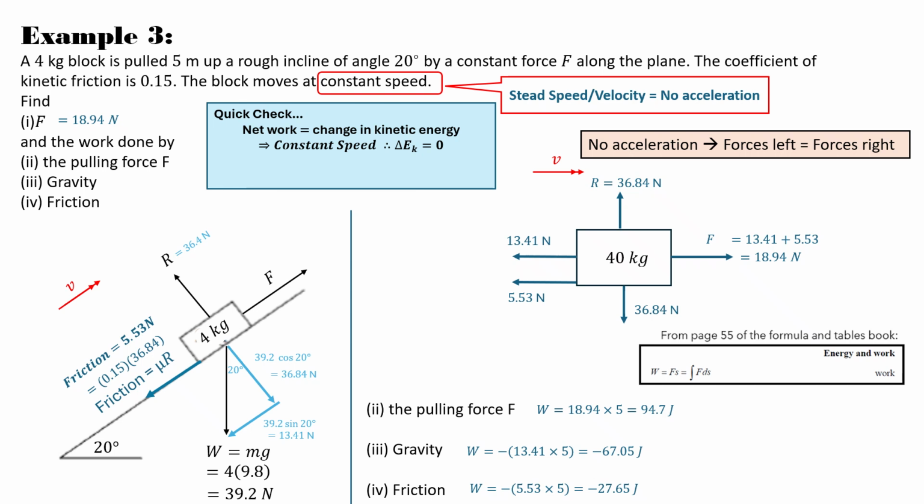Which means if we add the 3 work bits together, it should give us 0. So net work should give me 0. And when we do, it does. So we know that this is correct. You don't have to do that, but it's just a nice quick check. And to bring it back to that idea that net work is equal to the change in kinetic energy, that is still true for this question.